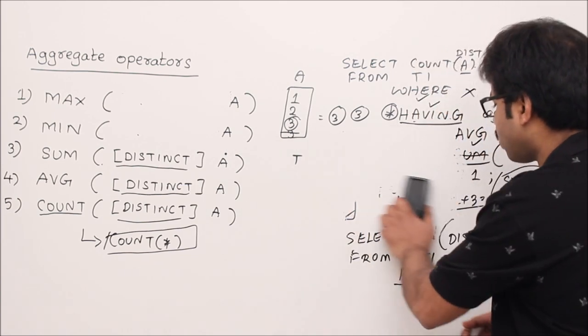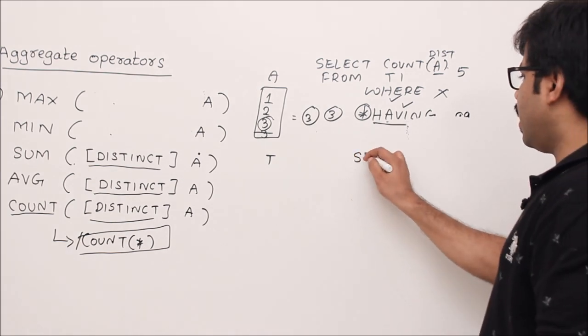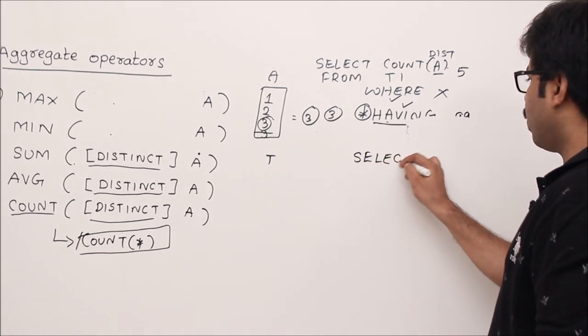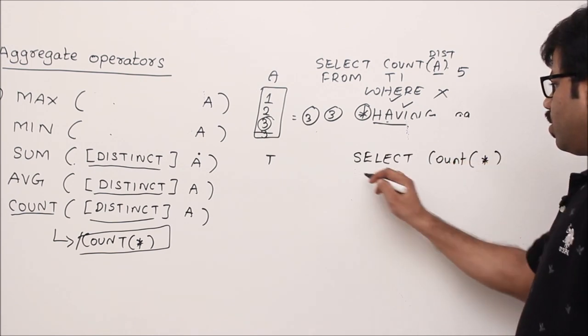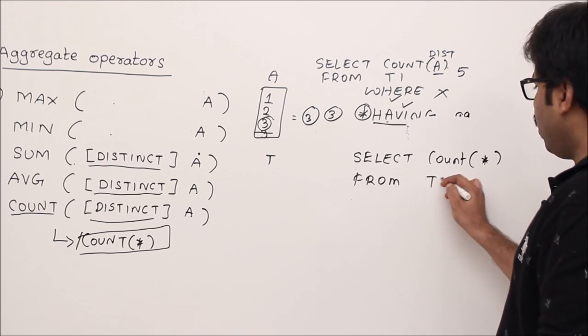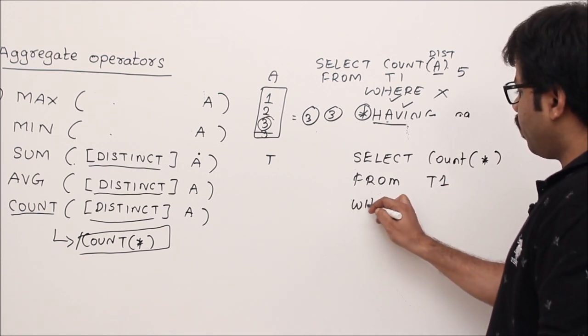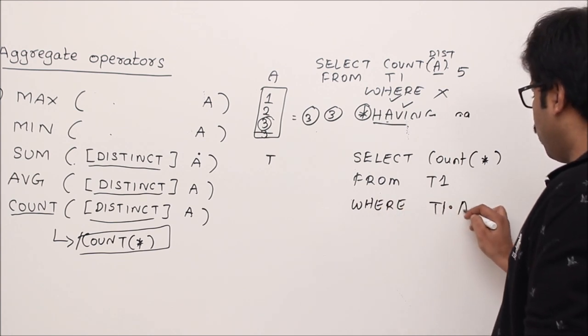Example, if you write select count star, star means everything, from, let's say, table T1, where, let's say, T1 dot A equal to 1.